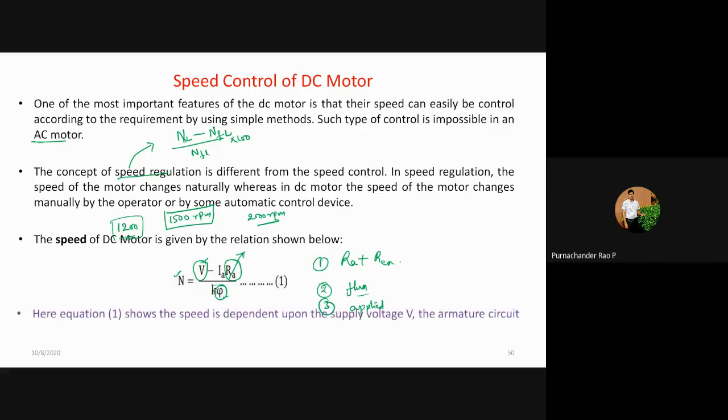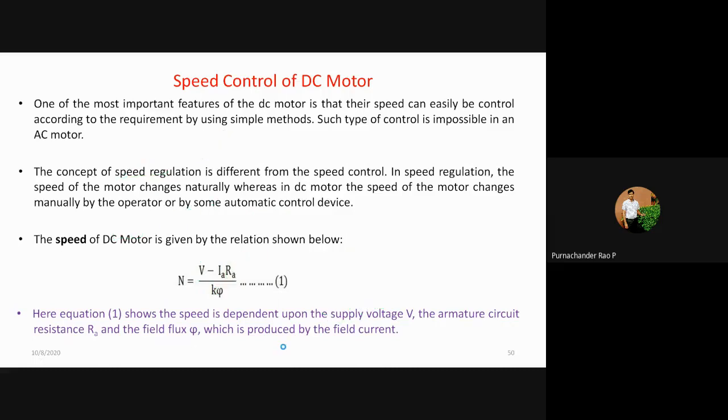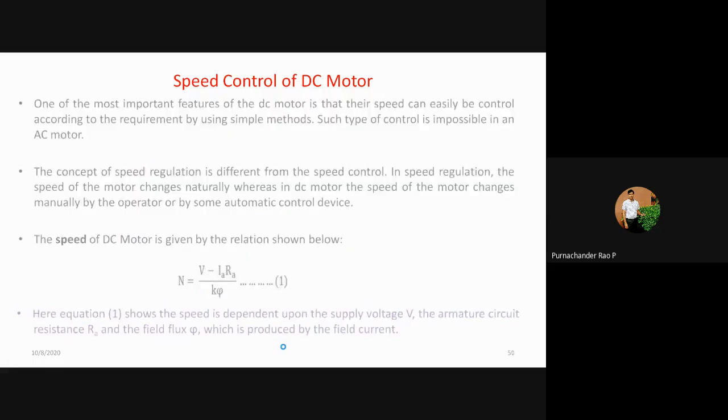We will discuss all this in detail. From this equation, the speed depends on the supply voltage, the armature circuit resistance Ra, and the field flux. So by using these three methods, you can vary the speed.